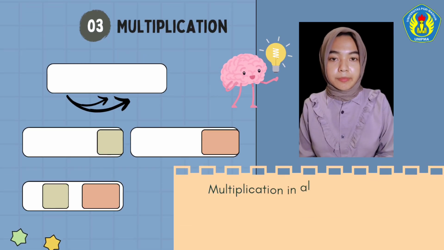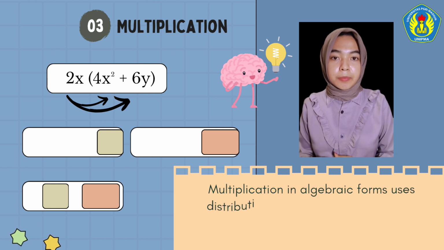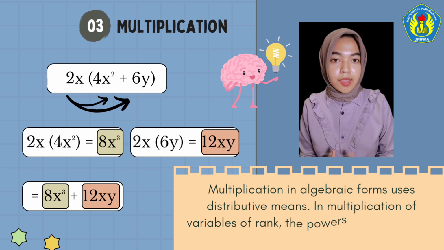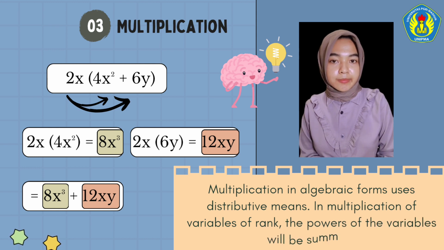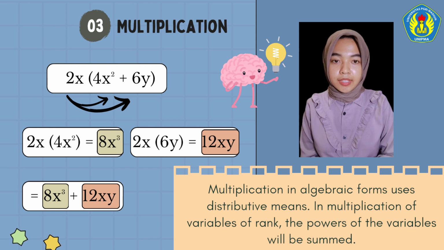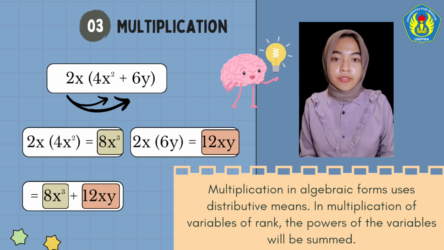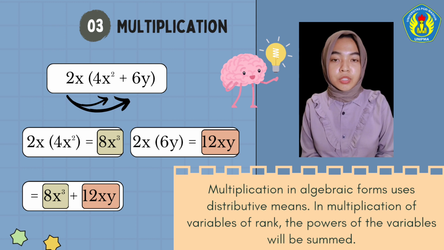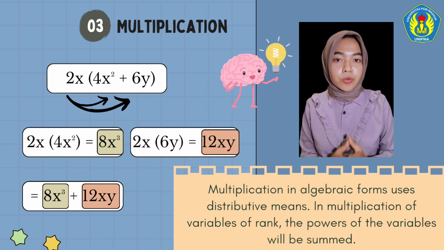For example, 2x multiplied by (4x squared + 6y). We use the distributive property, okay? We multiply 2x by 4x squared first, then 2x by 6y.